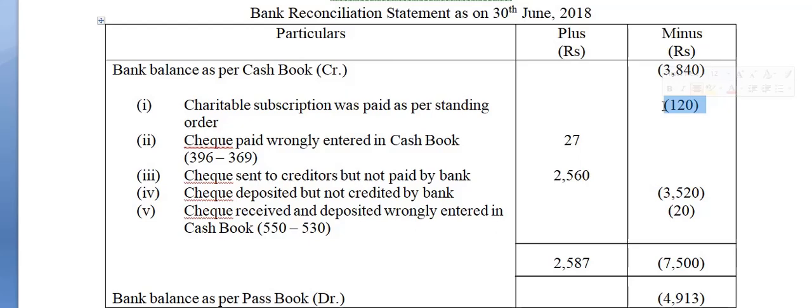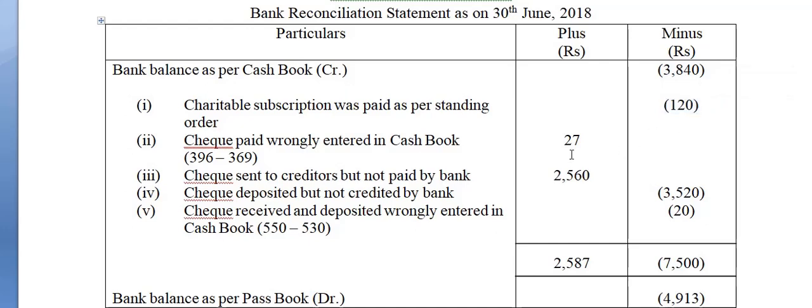Because we have given the order to the bank that every month on this particular date you should pay my EMI, isn't it? You should pay my insurance. So according to your standing order, bank has paid the amount, but the same has not been recorded in the cash book. So 120 is to be subtracted.